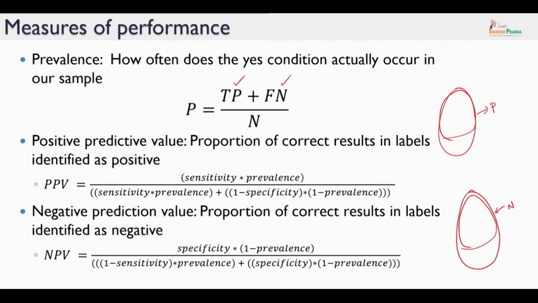For example, if you go do a test for dengue, and if you get a positive result, how likely is that result to be correct is given by this kind of number. So, these are important other measures that one could use.